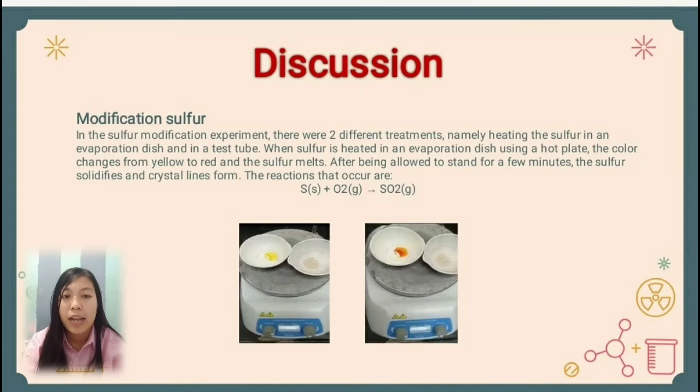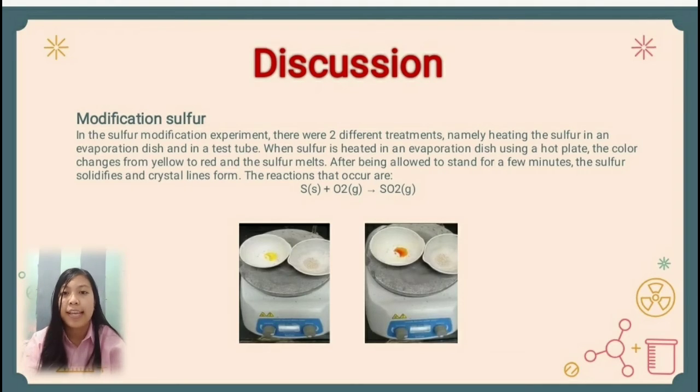Discussion. Modification of sulfur. In the sulfur modification experiment, there were two treatments, namely heating the sulfur in an evaporation dish and in a test tube.